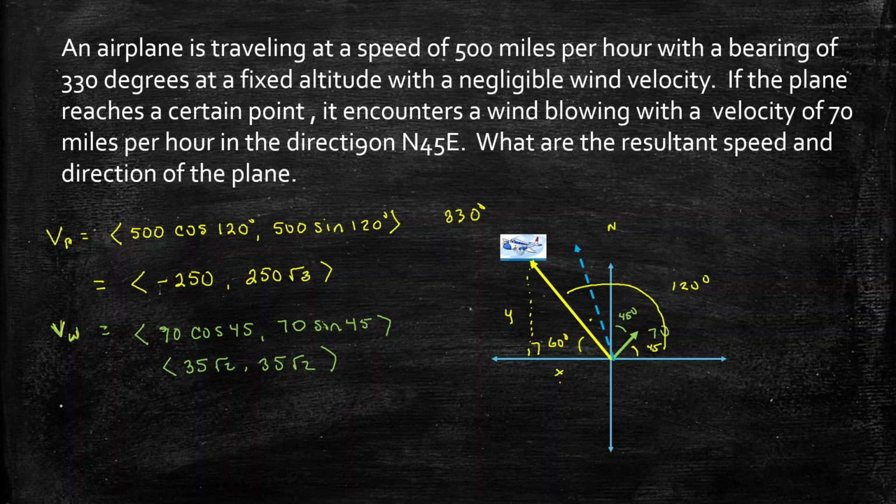So the vector total, my new vector, is vector p plus the wind vector, which if I add the components together, 250 plus 35 radical 2, remember this is negative 250.